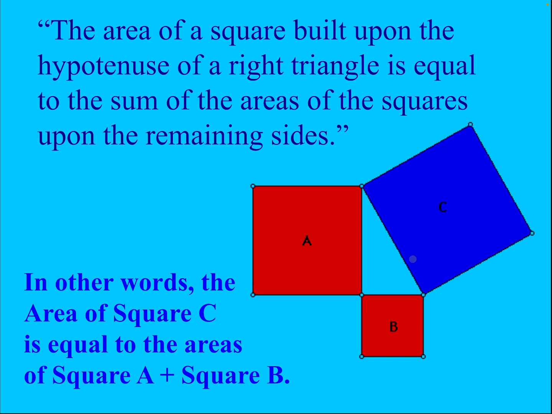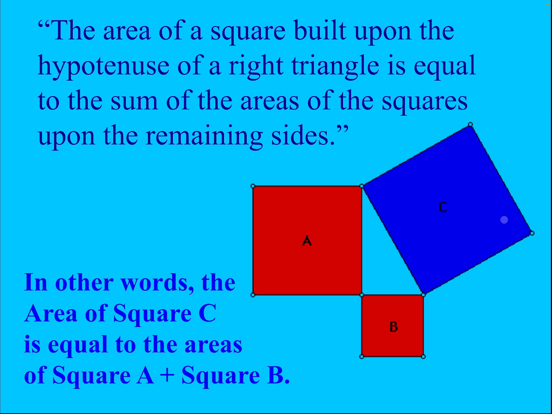Not just any triangle, but a right triangle. He found out that the area of square A plus the area of square B, if you add these two red squares together that make up this right angle, it equals the area of square C.